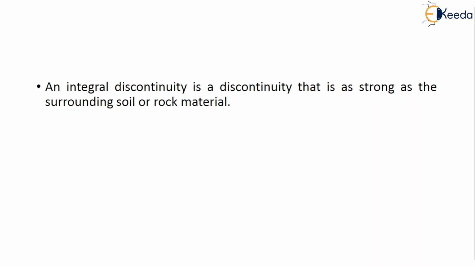Also, we have to understand that an integral discontinuity is a type of discontinuity where it is as strong as the surrounding rock or rock material. We can't really find it out. So this discontinuity can change into a mechanical discontinuity with the help of physical or chemical processes. This is very important.